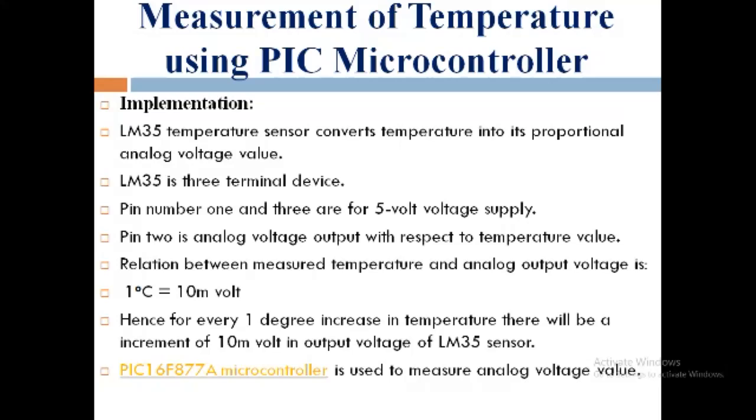Then pin number 1 and 3 are for 5 volt voltage supply. Then pin 2 is analog voltage output with respect to temperature value.